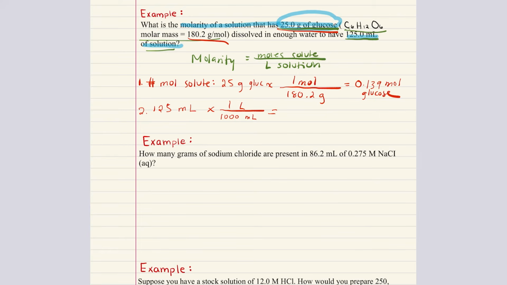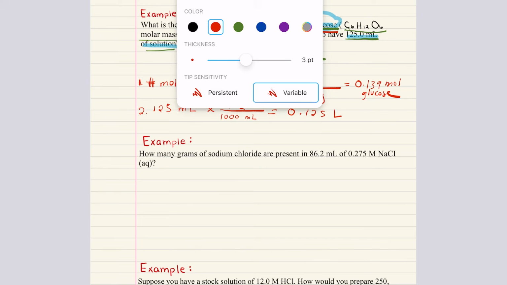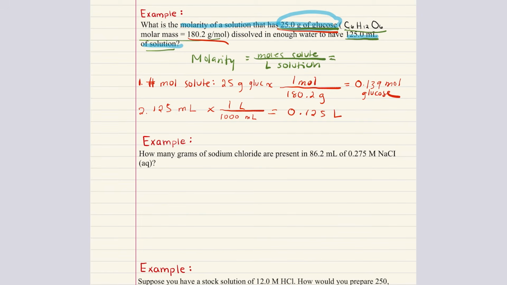And what this is going to give us is 0.125 liters. Now, all we have to do to figure out the molarity is plug those back into our equation for molarity. We need to have moles, 0.139 moles of glucose over liter of solution, which is 0.125 liters.